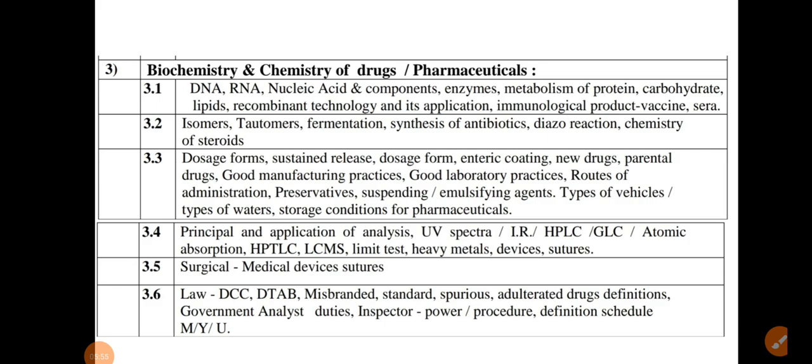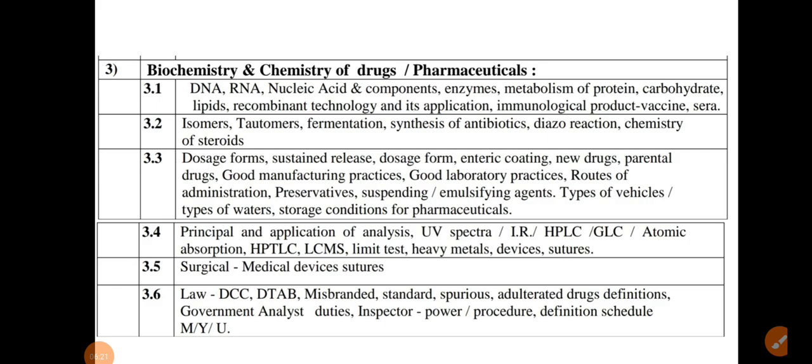These topics are from your industrial pharmacy or dosage forms. There are only minor questions from pharmaceutics, but we have to go through it. Whatever the important topics like suspension, emulsion, solid dosage forms, semi solid dosage forms, we are definitely going to cover in our DI preparation.